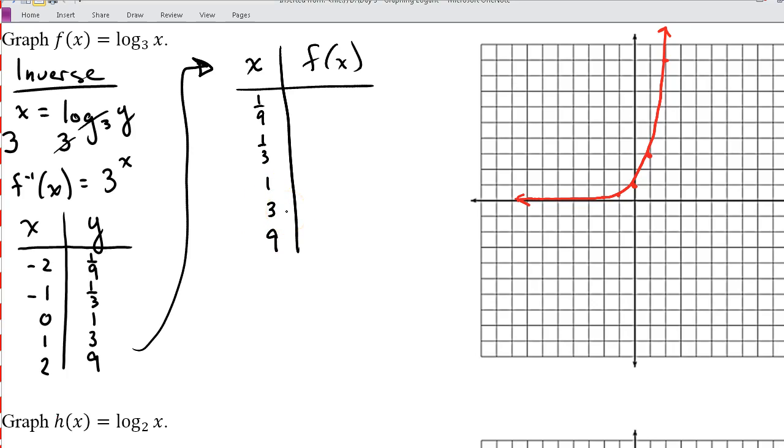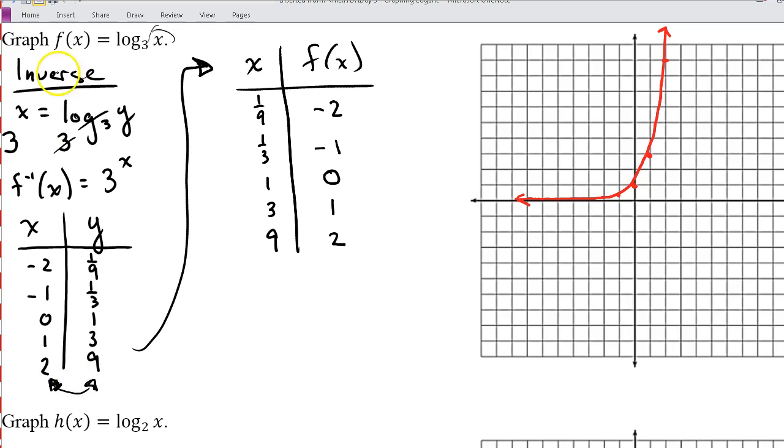And I know since these two functions are inverses, if I substitute these into my original equation here for x, log base 3 of 1/9 is going to be -2. Log base 3 of 1/3 is going to be -1. Log base 3 of 1 is going to be 0. And then 1. And then 2. Again, notice how our x and y values, they just switch.